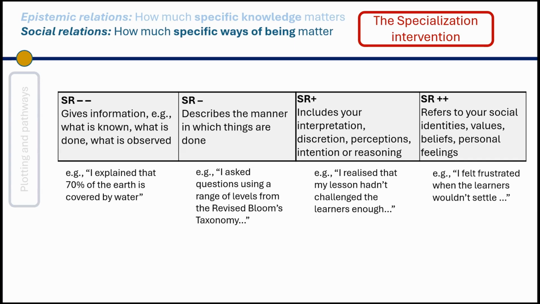When they're a little bit stronger, the students describe the process that they followed. When they are relatively strong, the social relations, they include the interpretation, their discretion, their perceptions, their intentions. And when they are very, very strong, the students refer to personal identities, emotions, and so on.